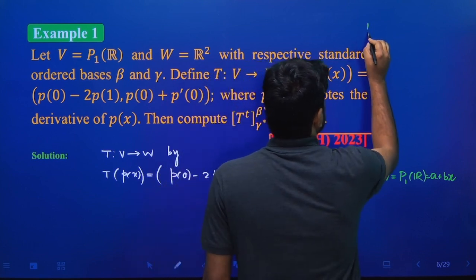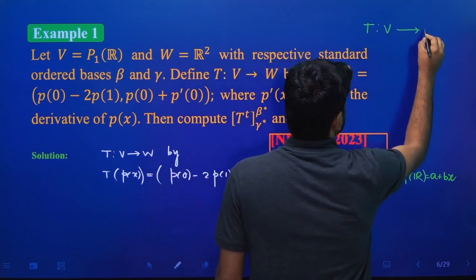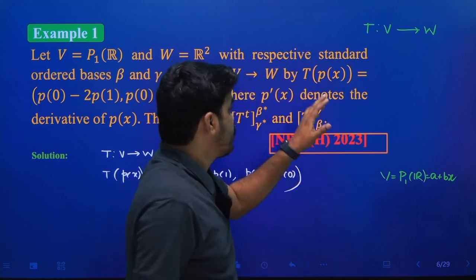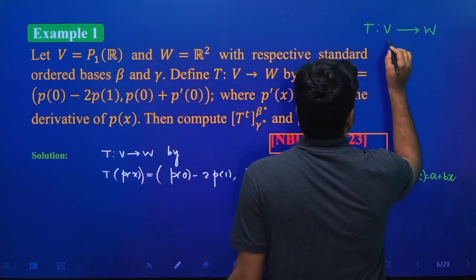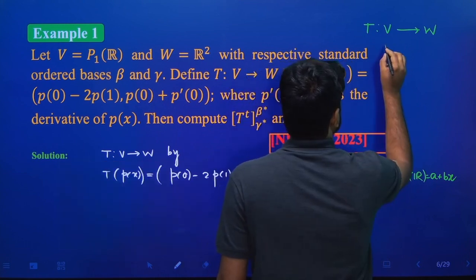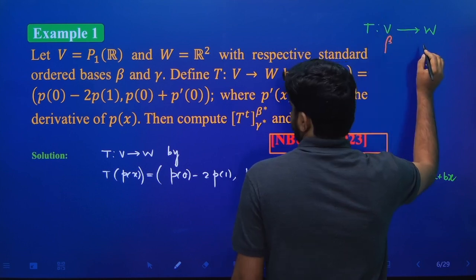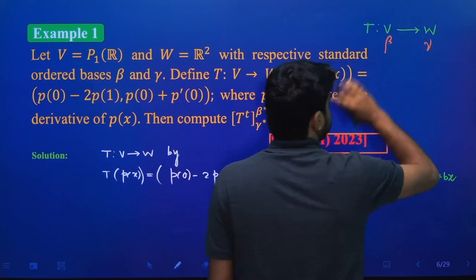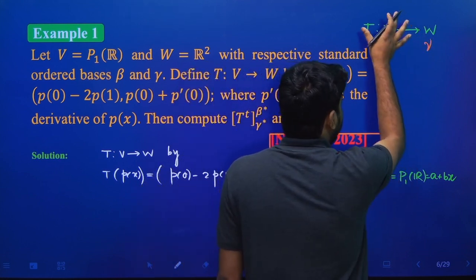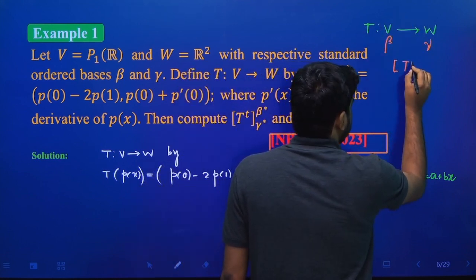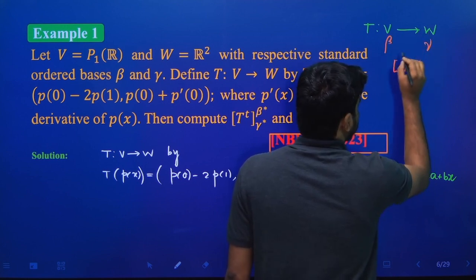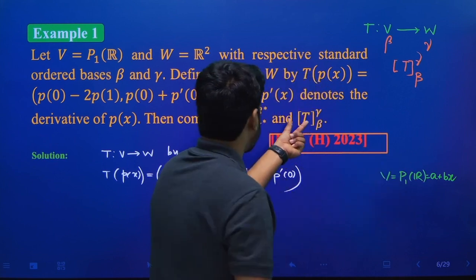Just see, T is a mapping from V to W. Beta is the basis for V and gamma is the basis for W, right? Okay. So the matrix representation of T, V to W, that means beta to gamma, right? So that's why you find out this.